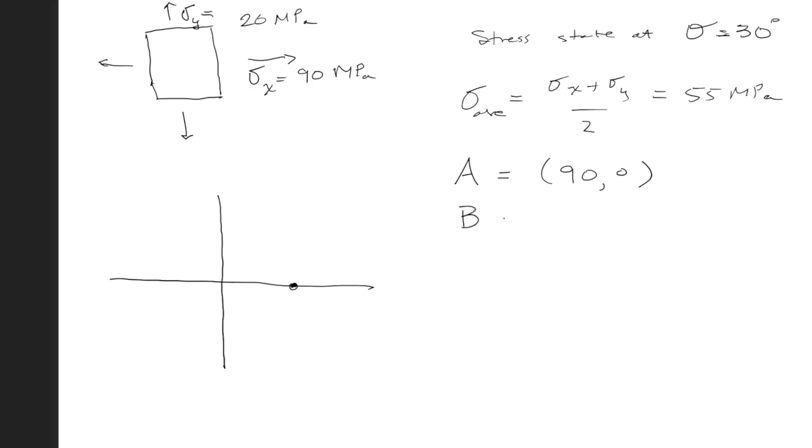Point B is the y face condition, which is 20, 0. So there's A, B. You should notice this is biaxial stress. Okay. And the radius of this circle is going to be 35 megapascals.